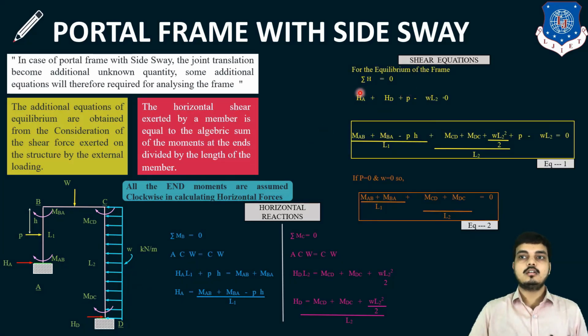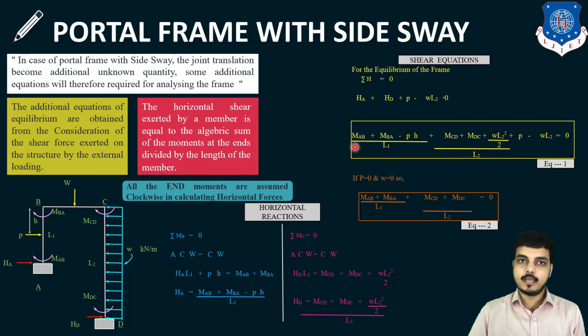So the horizontal force equals 0. So HA plus HD plus P, which are going in a similar direction, minus W into L2, which is my UDL. To convert a UDL into a load, it is nothing but the UDL into its particular distance. So the summation of the forces is 0. By having these values of HA and HD, we place the value of HA plus the value of HD plus this load minus W into L2, and we form an equation of shear.